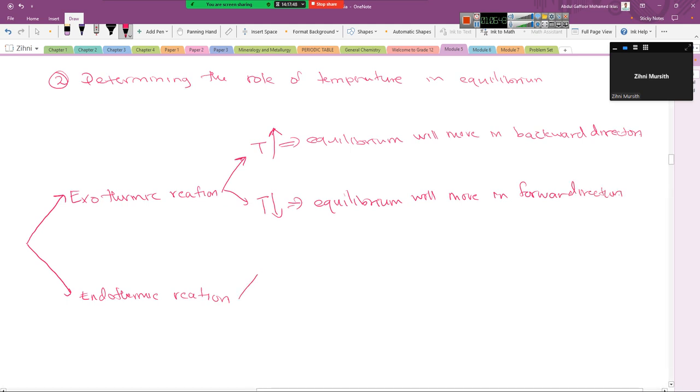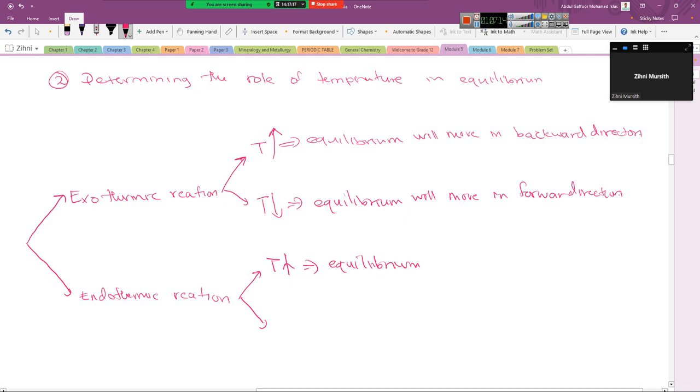And in an endothermic reaction, we have to check whether to increase or decrease the temperature depending on our need. So if we want more reactants in an exothermic reaction, we have to increase the temperature. In an endothermic reaction, when we increase the temperature, the equilibrium will move in the forward direction.